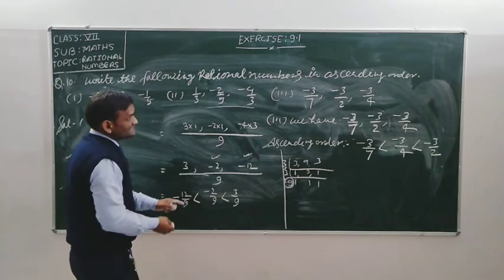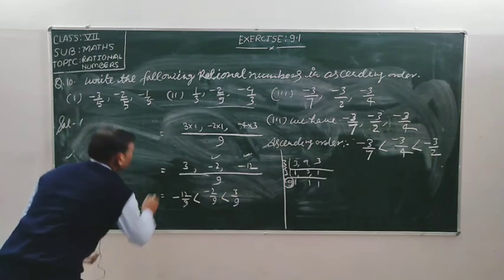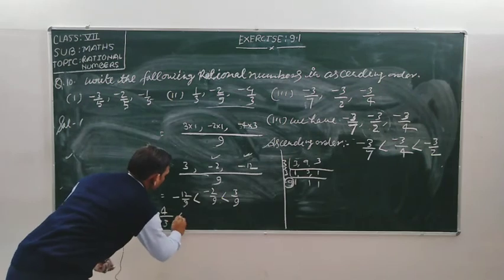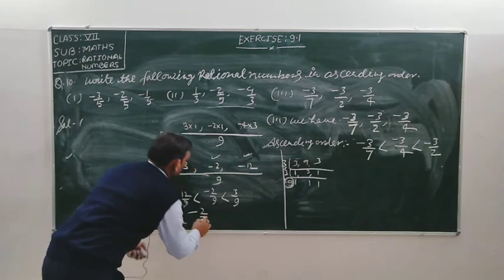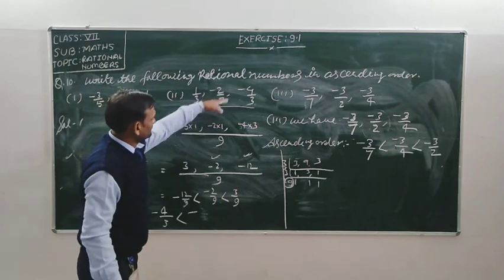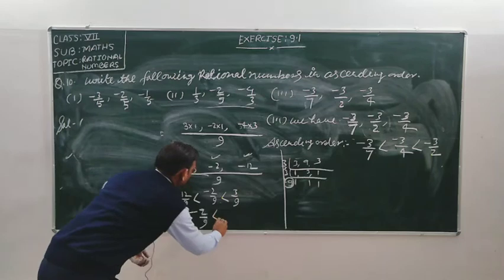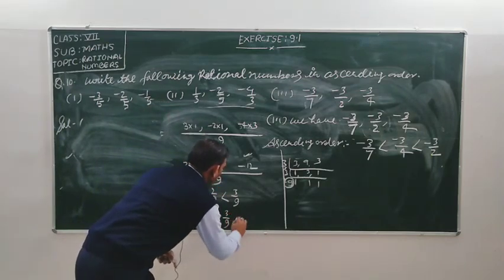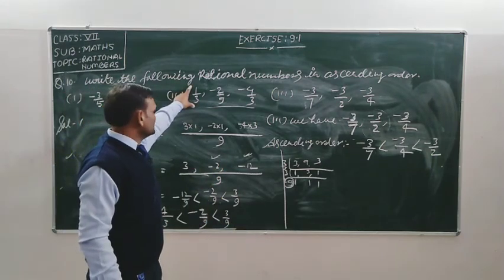So minus 12 upon 9 has come in the place of minus 4 upon 3, then minus 2 upon 9, and at the last we will write 3 upon 9. This is the ascending order of these rational numbers.